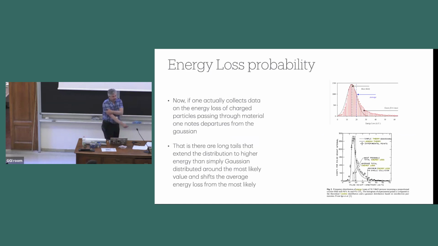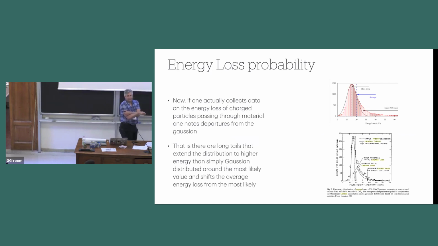If you actually start to collect data, you do see that the energy loss probability looks sort of Gaussian in some region. But if you look at the actual measurement, it has these long non-Gaussian tails.